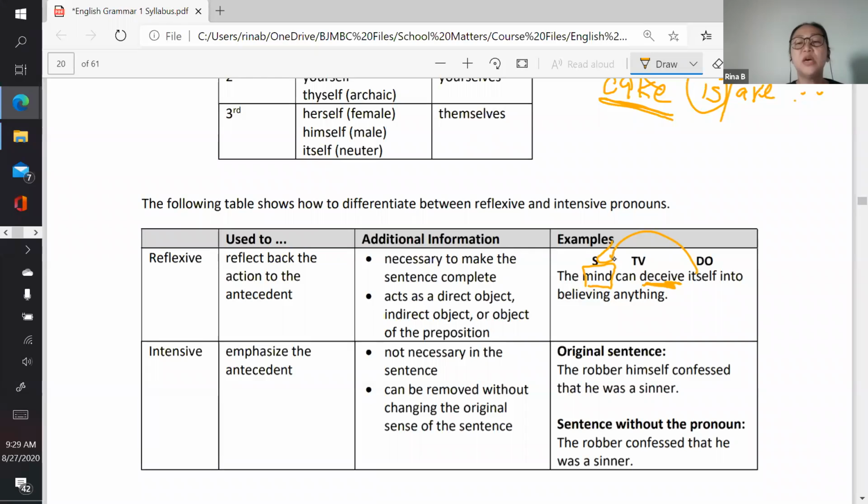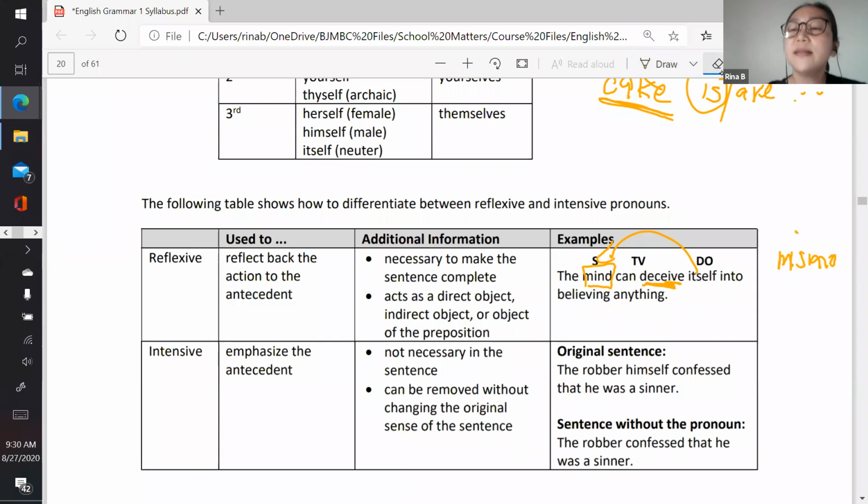But the word myself can also be used as an intensive pronoun. Instead of the action being reflected back to the antecedent, the action is emphasized. Okay? Or not the action, but the antecedent is being emphasized. In Tagalog, mismo. Okay? I think the word mismo is kind of like it.